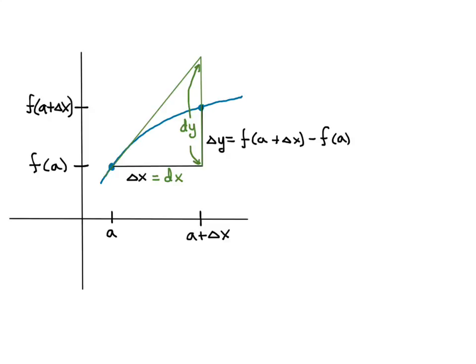But now what we're doing is expanding the concept of this differential element dx using the slope, which is really the slope of a line that's tangent to the curve at a. So dy is necessarily different than delta y. And of course, that slope is the derivative calculated at a.